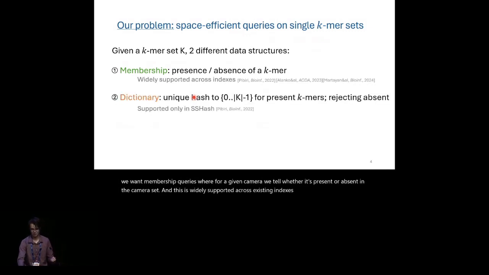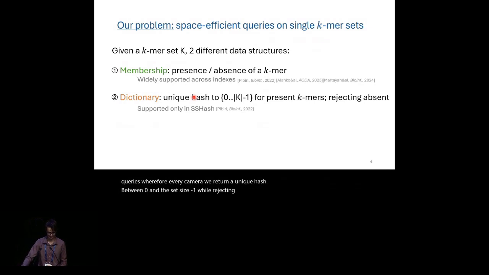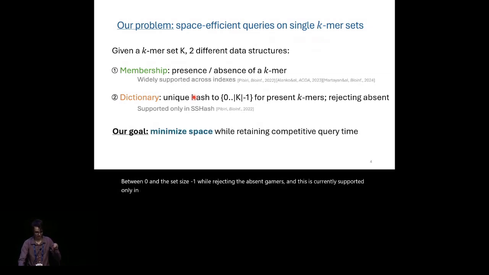And second, we want dictionary queries, where for every k-mer, we return a unique hash between 0 and the set size minus 1, while rejecting the absent k-mers, and this is currently supported only in SSH. And our goal will be to minimize the space of this index while still having a competitive query time.